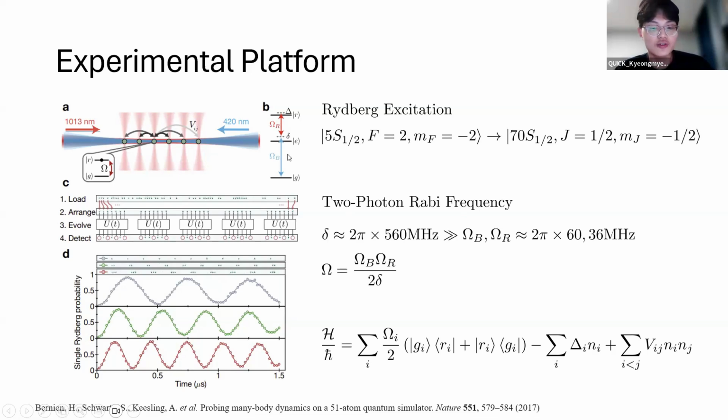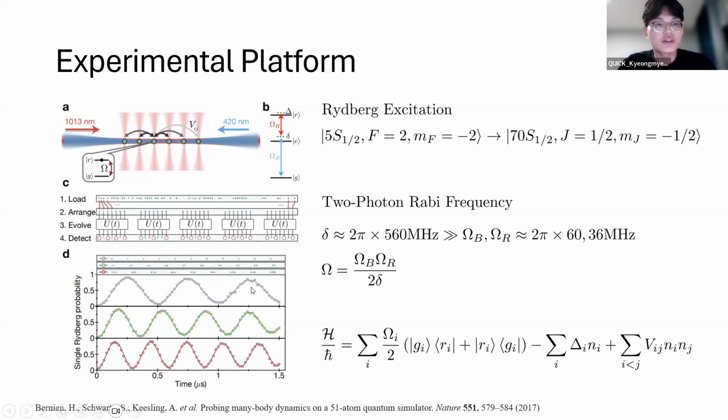Furthermore, with large detuning, the two-photon transition between the ground state and the Rydberg state becomes effectively coherent, and the system behaves like a simple two-level system. Making the blue laser non-resonant to the intermediate state simplifies the transition to a two-level system with the effective Rabi frequency of omega_B omega_R over 2 delta.